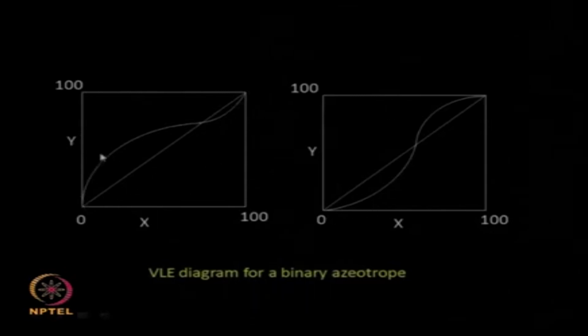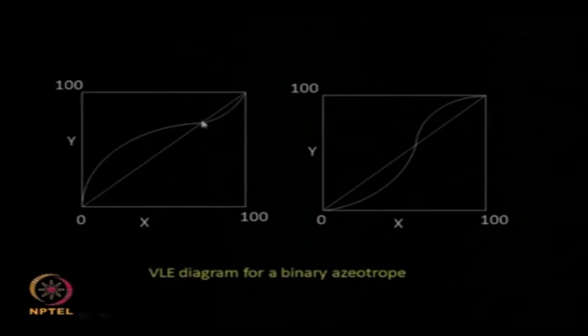If this graph all the time goes above, no problem, if it goes all the time below, no problem, but if it goes like this, then at this place the compositions of the low boiler in the vapor and the liquid are equal, okay, because this is the x equal to y line.